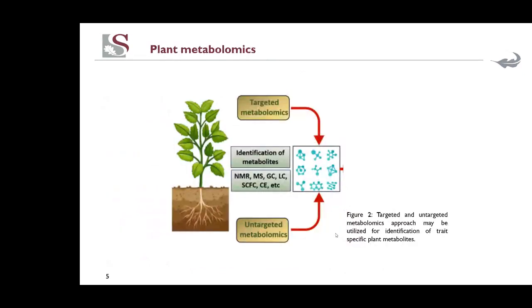Now, metabolomics as a study provides insight into an organism's metabolome at physiological as well as pathological states, where targeted and untargeted metabolomics approaches can be used to identify trait-specific markers, and this can help improve commercially important traits.